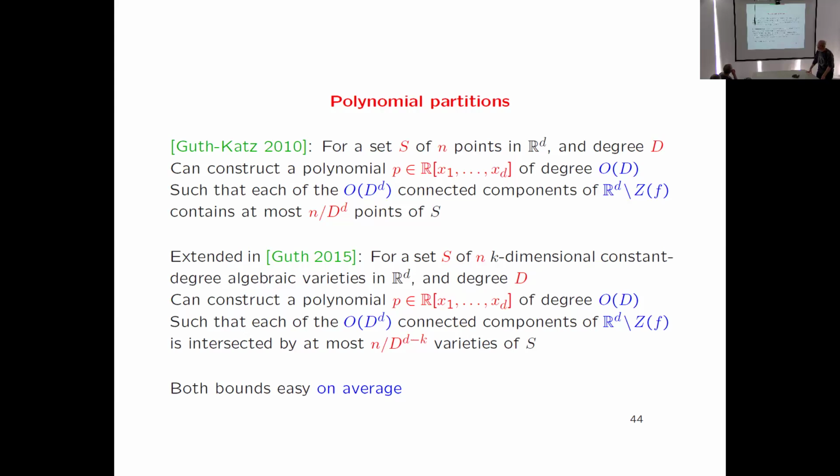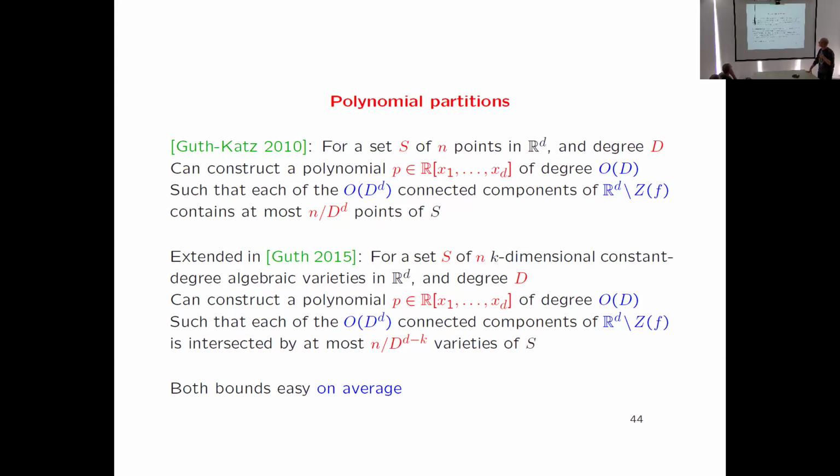Now, the number of pieces, using fairly standard but non-trivial bounds in algebraic geometry, is roughly degree to the dimension. So on average, you expect every cell to contain n over D to the d points, but their achievement was that this holds for every cell. Worst case.